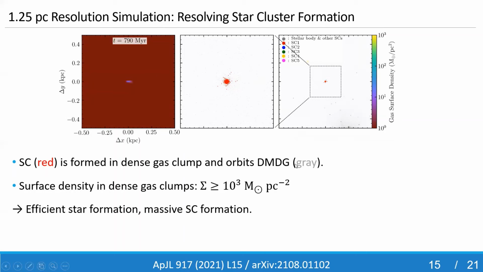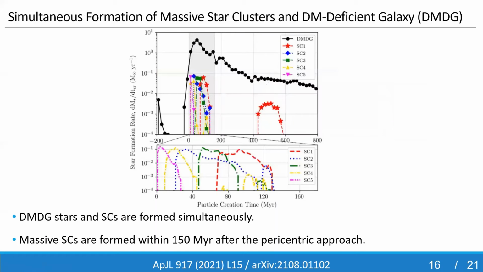So the surface density in the dense clumps where the star clusters are born is more than 10,000 solar mass per square parsec. So this leads to efficient star formation and massive star cluster formation.